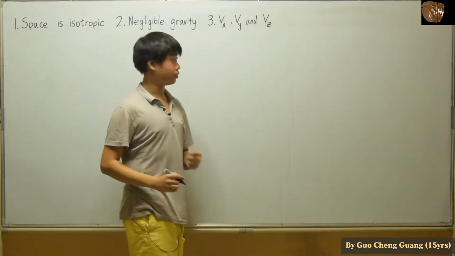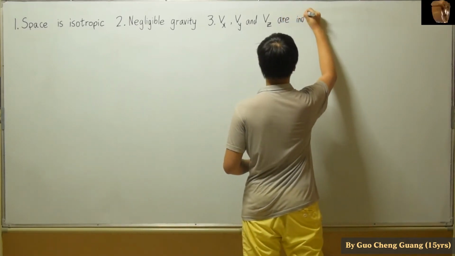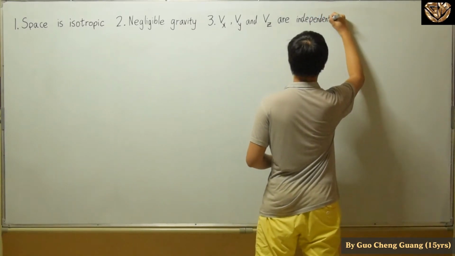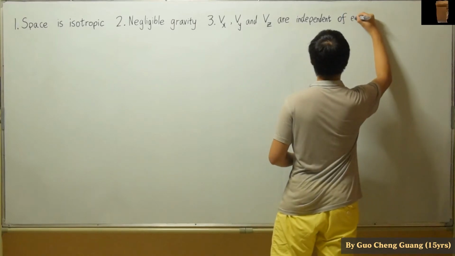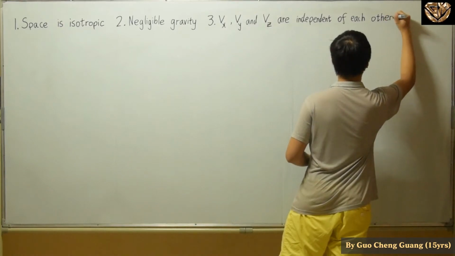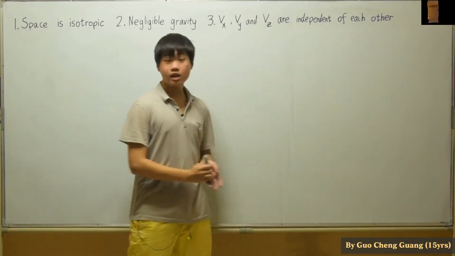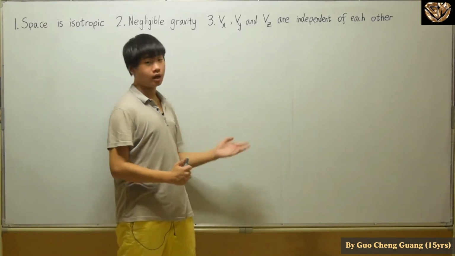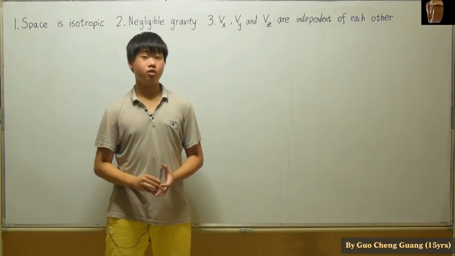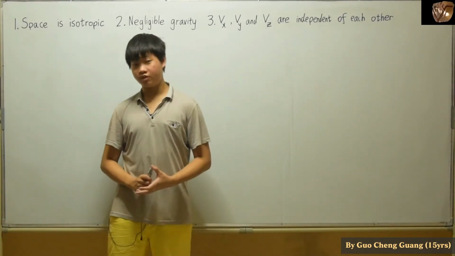These three different components are independent of each other. So what does it mean by independent of each other? Well, independent of each other just means that they are in no way going to affect each other. Let's say you have a change in Vx, that is not going to result in a change in Vy or Vz. And the same thing goes for Vy and Vz. They are not going to change the other components. And that is what it means by they are independent of each other.